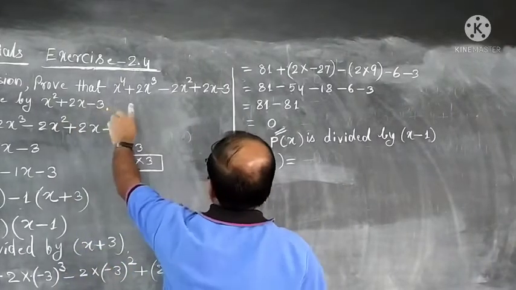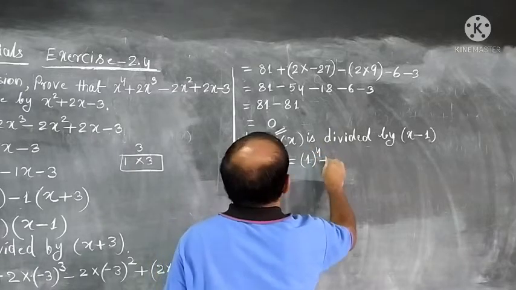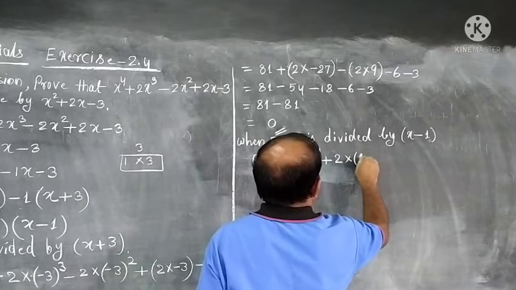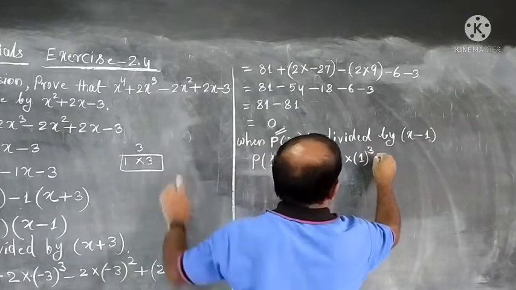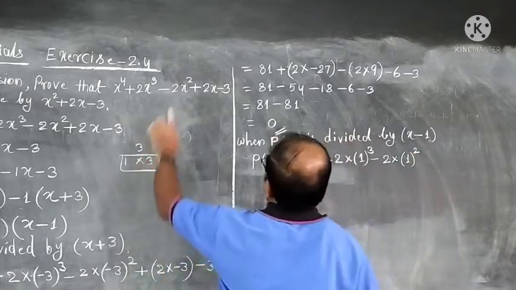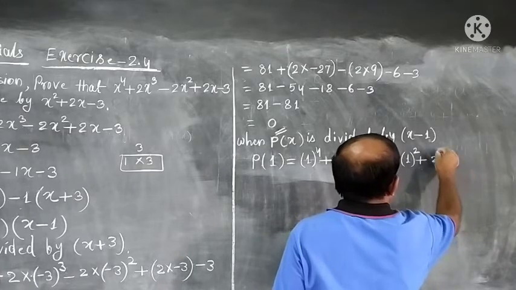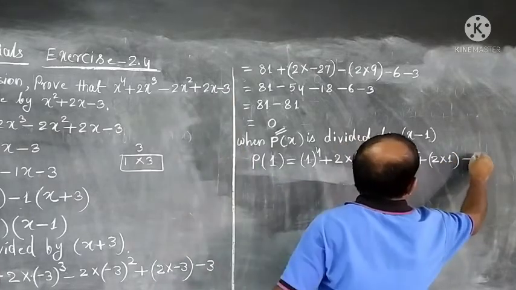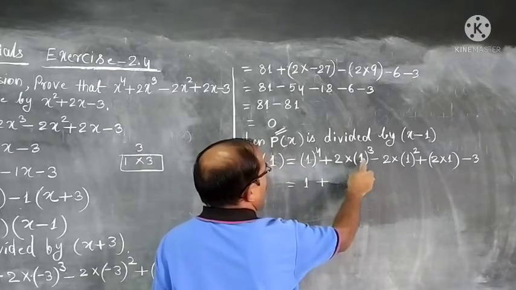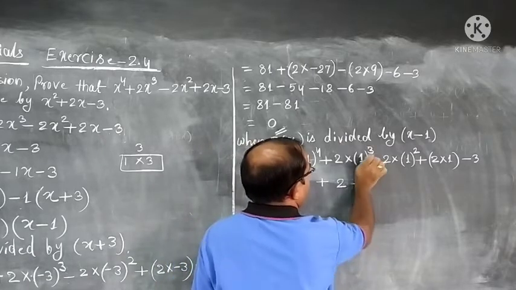What is that polynomial? x to the power 4, that means 1 to the power 4, plus 2x cube, 2 into 1 cube, minus 2x square, 2 into 1 square, plus 2x, 2 into 1, minus 3.